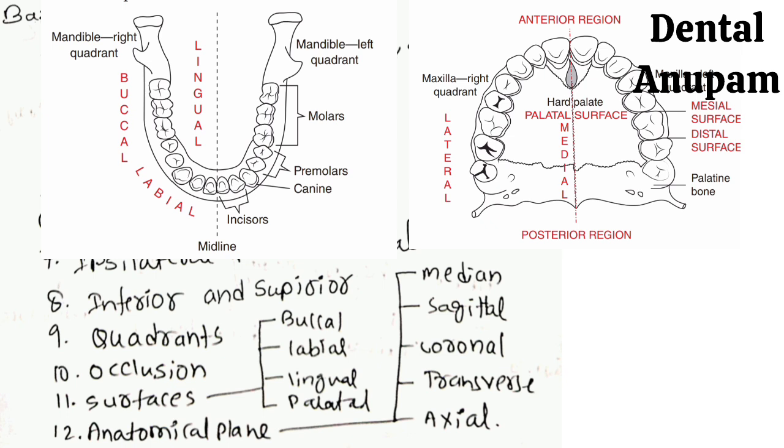The resulting four quadrants are named: maxillary right quadrant, maxillary left quadrant, mandibular right quadrant, and mandibular left quadrant. Maxillary two quadrants and mandibular two quadrants.